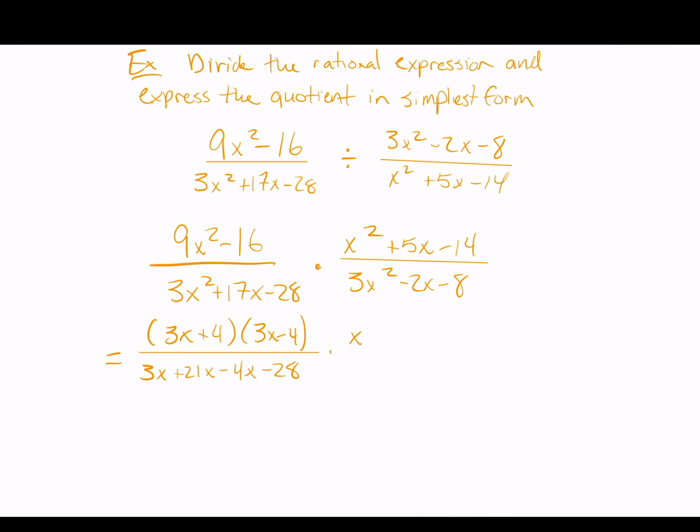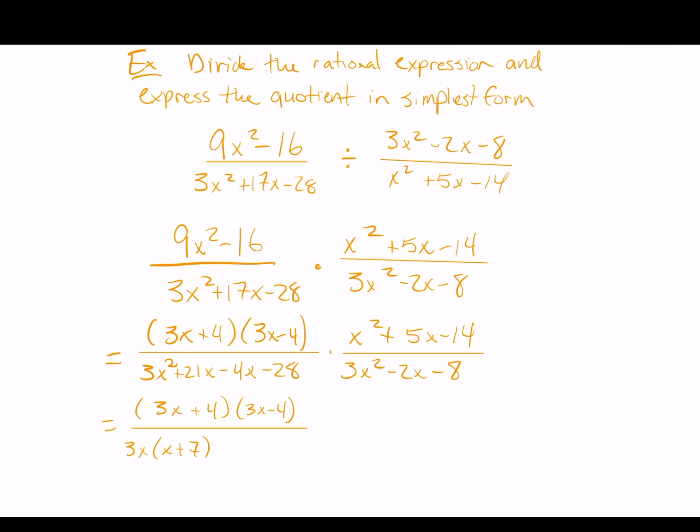And then we'll just copy the rest: x squared plus 5x minus 14 all over 3x squared minus 2x minus 8. So we can factor by grouping. We keep the numerator the same. We can factor out a 3x, so 3x times x plus 7.